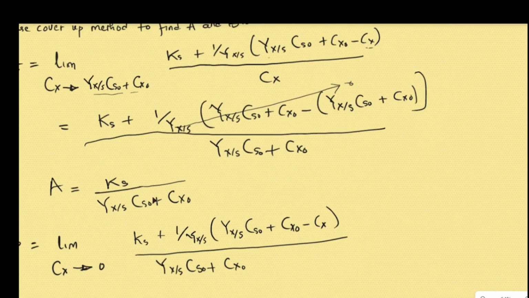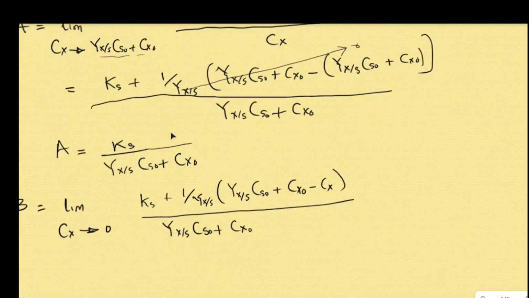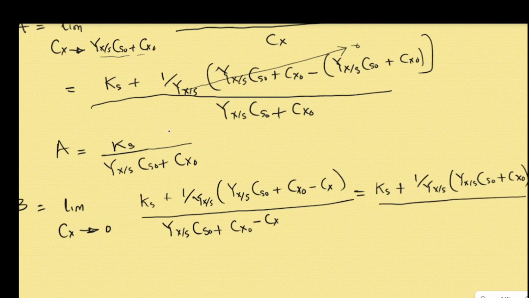Sorry, let me get it well. c x naught, then minus c x. So by the time we substitute c x equal to 0, the value that we are going to get for b is k s plus 1 over y x of s, and you have y x of s c s naught plus c x naught all over y x of s c s naught plus c x naught.